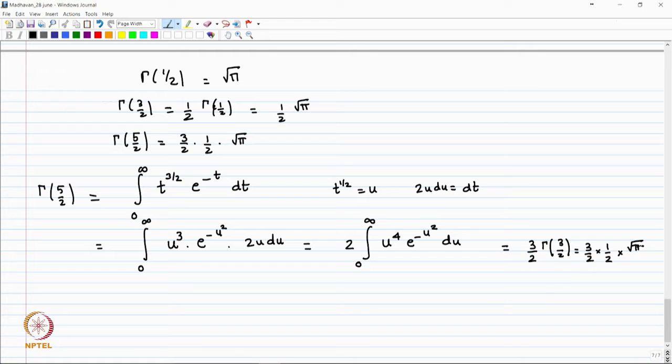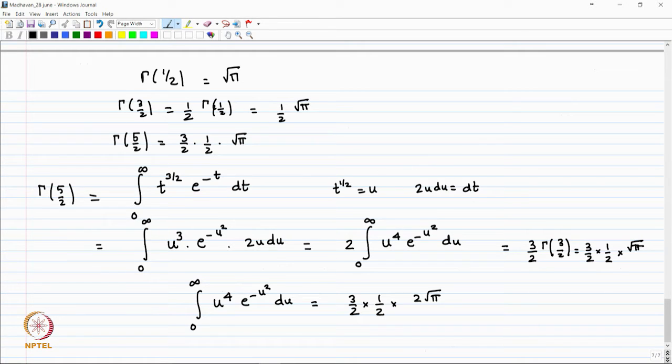So, you have the following expression: the integral from 0 to infinity of u raised to 4 e raised to minus u square du is equal to 3 by 2 into 1 by 2 into root pi, divided by 2. This is a very nice expression, because you will often find such integrals appearing.